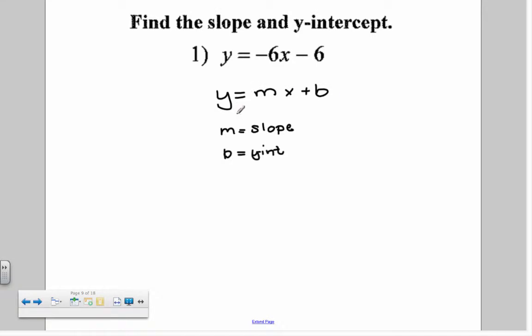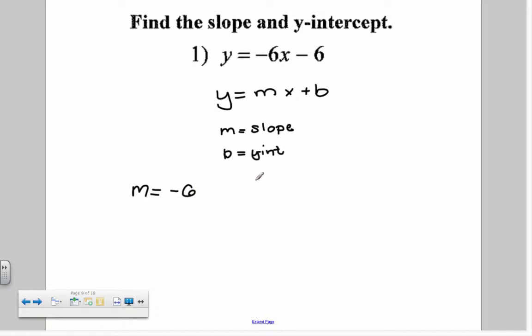Okay, so let's check first to see if this equation is in this form, and if not, could we put it into the form y equals mx plus b? It is, so my slope and y-intercept should be really easy to identify. My slope would be my m, and in this equation my m is -6.